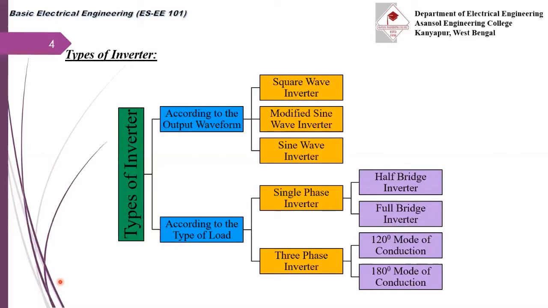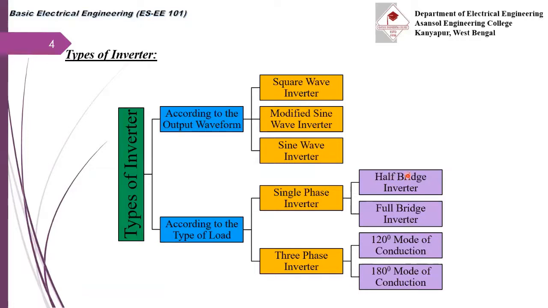Now, these types of inverters I have already discussed. Here, in this session, I will discuss the types of inverter according to the output waveform. There are three types: square wave inverter, modified sine wave inverter, and sine wave inverter.